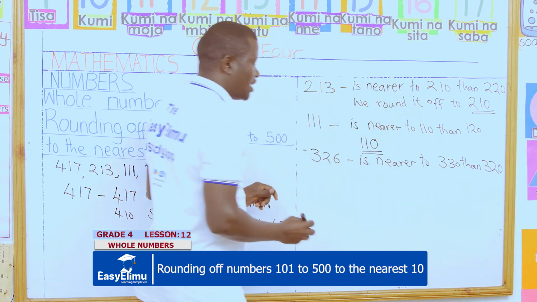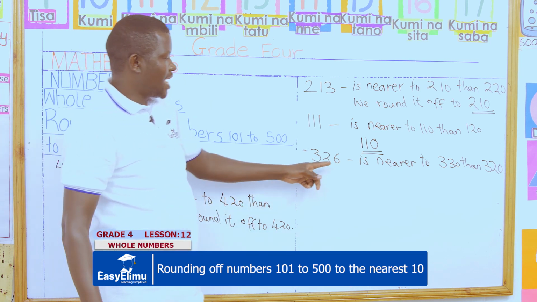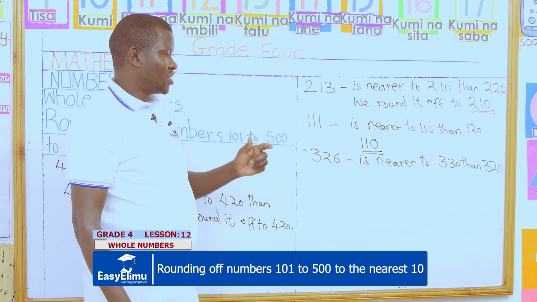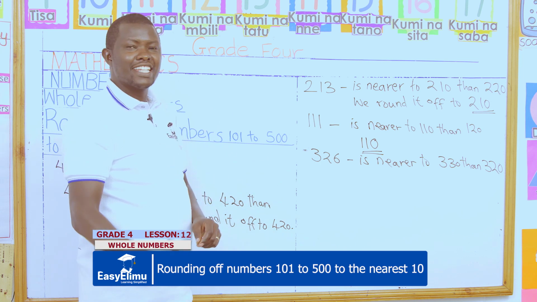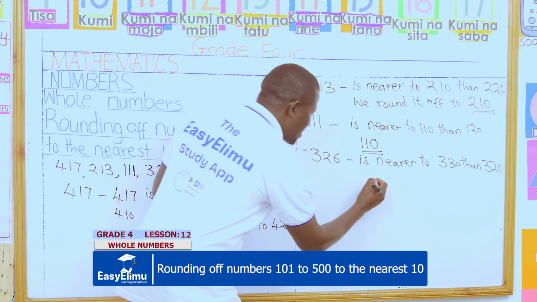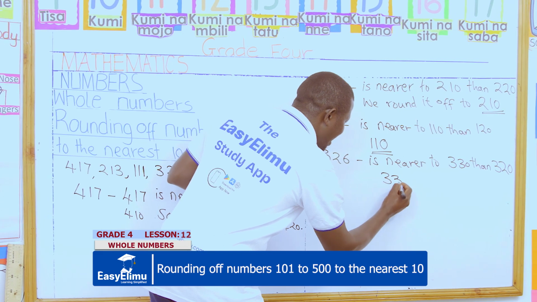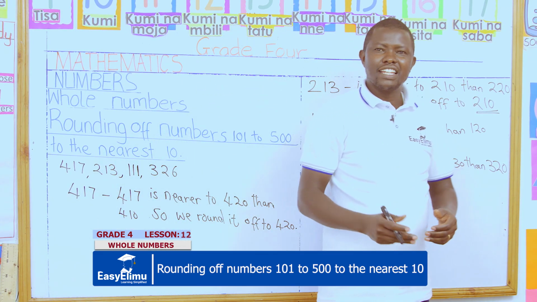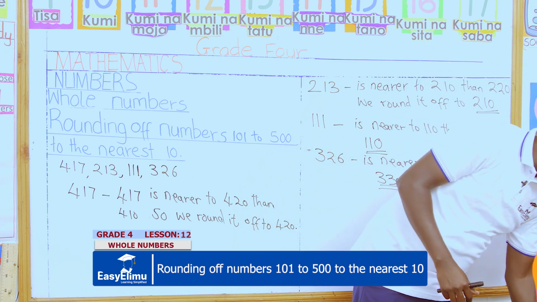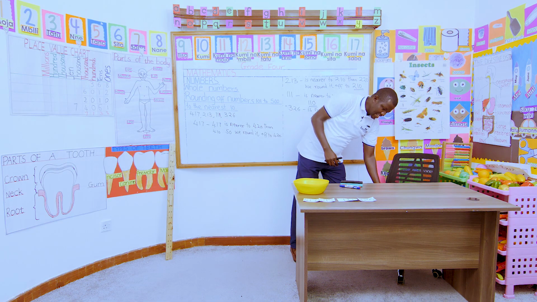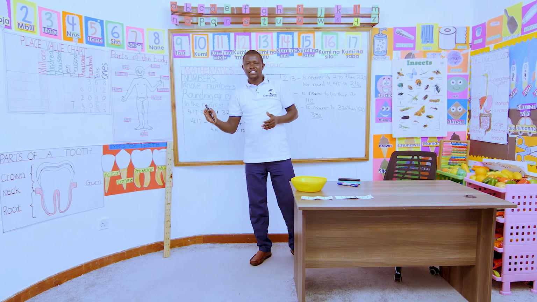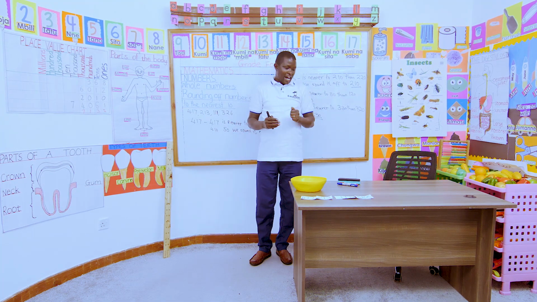It is nearer to 330 than 320. So we round it off to 330. So our answer becomes 330. Class, that is rounding off of our numbers to the nearest tens, and the numbers are between 101 to 500.